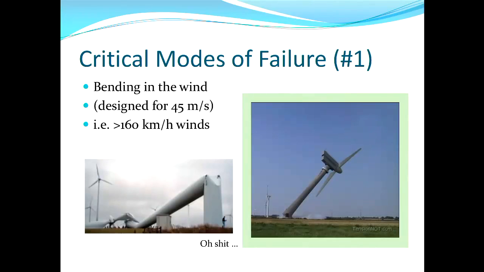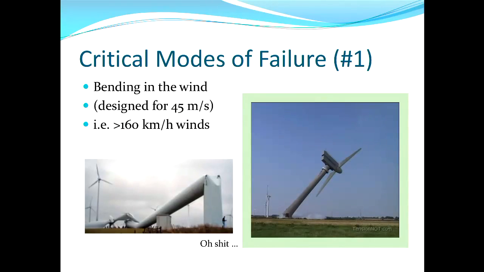So what are the critical modes of failure for a prill tower? Well, firstly, if the wind gets too strong, we've got this big tower that's standing in the wind, and the major forces on it at that point in time are wind forces, and it's being bent over like a flagpole or like a wind turbine tower. These pictures are taken from the wind industry, and our experience in the wind industry has been bitter.